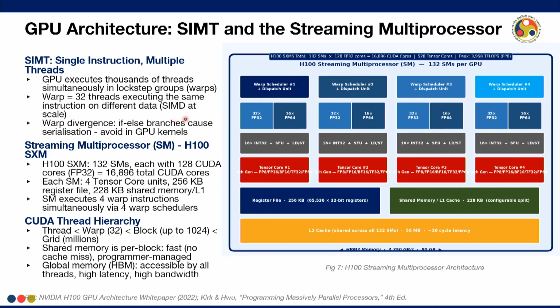So this is SIMD at scale. You have 32 threads executing the same instruction on multiple data. Now you can imagine the SIMD that you studied on the CPU side and the SIMD at scale operating on the GPU side. We usually don't use if-else branches because they cause serialization, and essentially we avoid if-else branching in the GPU kernel.